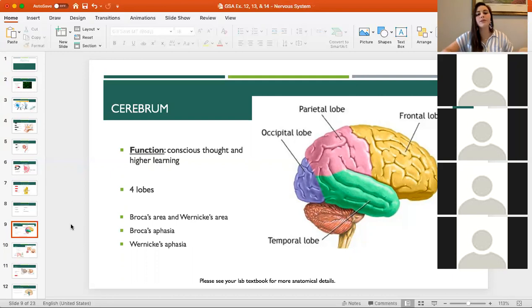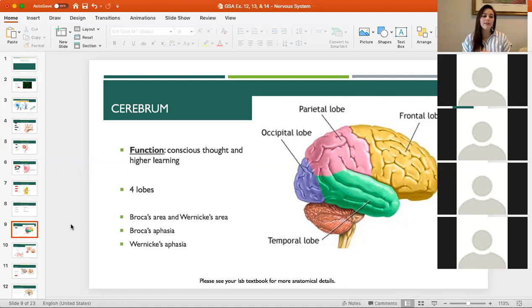All right, and for Wernicke's aphasia, again, we have some type of problem. Wernicke's area is in both the parietal and the temporal lobe, and it is sensory. So Broca's is motor, Wernicke's is sensory. Wernicke's area helps you understand speech and recognize the right words for a thought.